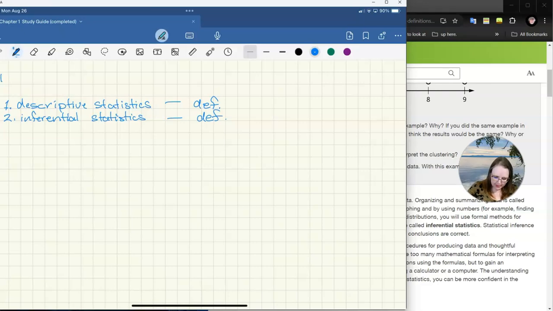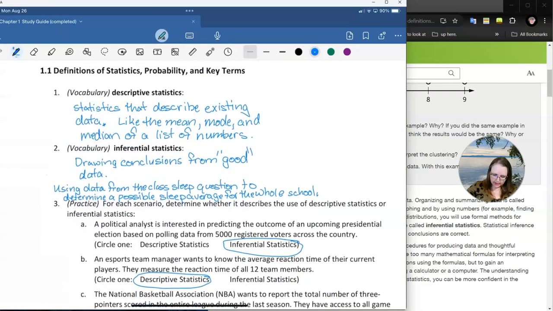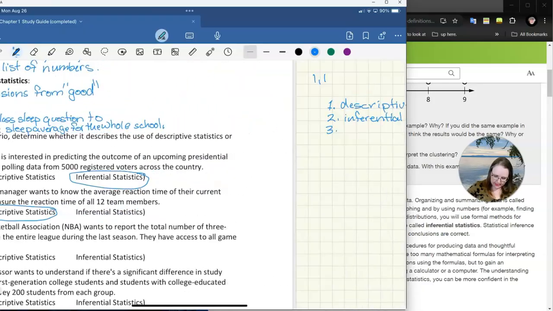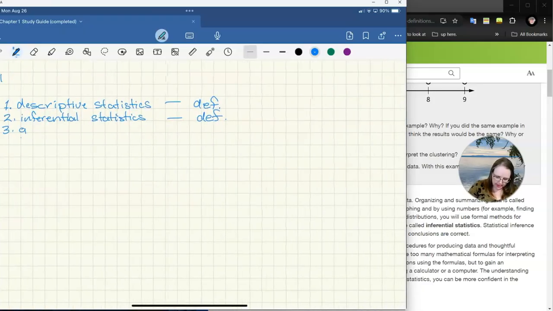And then for 3, because we've got A, B, C, D, and E, I would do 3A, B, C, D, E. And we said A was inferential and B was descriptive. That's enough for you to know what the answer is. You can always go back and look at the questions if you need to, but for what you submit for this assignment, if it looks something like this, that's going to be absolutely fine.